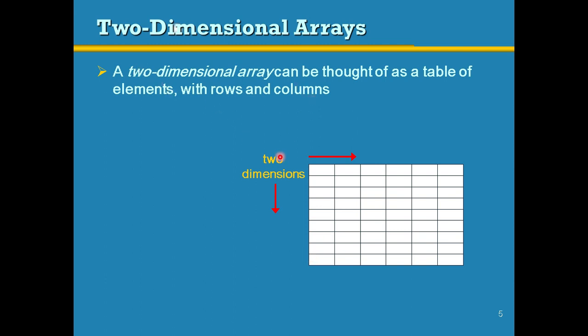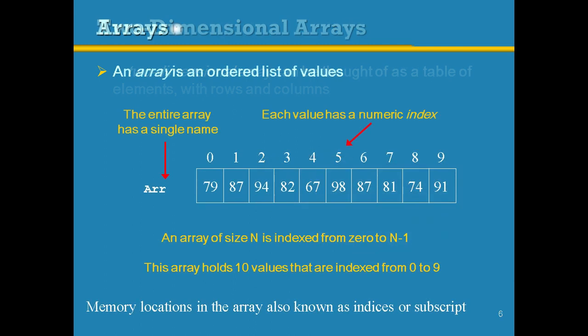So it's having rows as well as columns. We are going to learn in this chapter only single dimensional array. Remember, this time you have only single dimensional array because the syllabus is already cut short. Last year there were double dimensional arrays also.